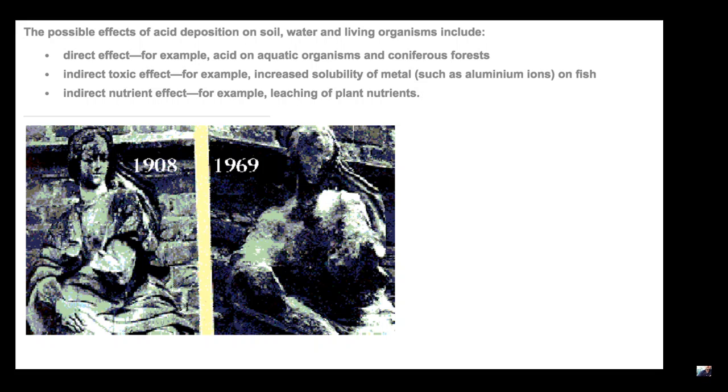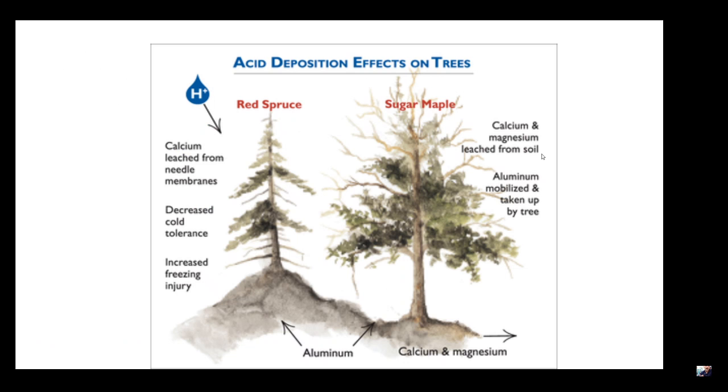So it breaks down different elements, then those elements go into the water sources and can have a negative impact. Then we have indirect nutrient effects: leaching of plant nutrients, making the soil more acidic, leaching out all the alkaline chemicals, which certain plants need to survive, thus having issues there. And we'll talk about how to solve that issue in a moment as well.